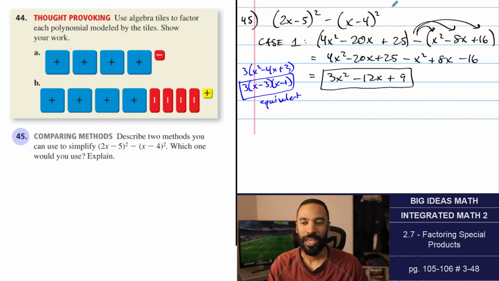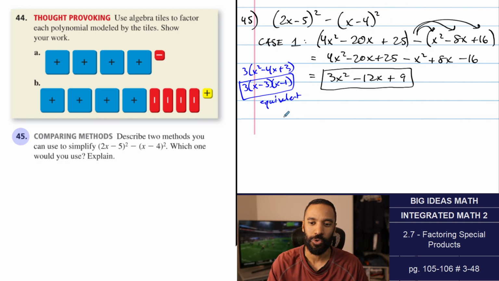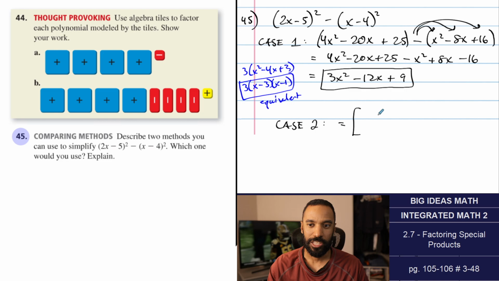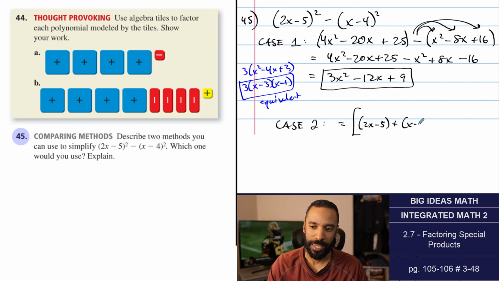Case number 2, if you recognize this is an a² − b², that means in case 2, we can indeed treat this as a difference of 2 squares given those quantities. It is a² − b², so we do (a + b) times (a − b).